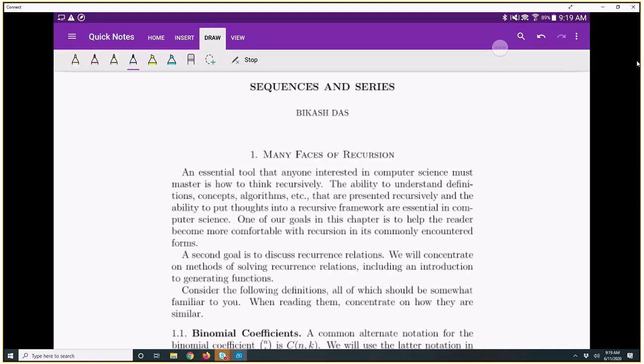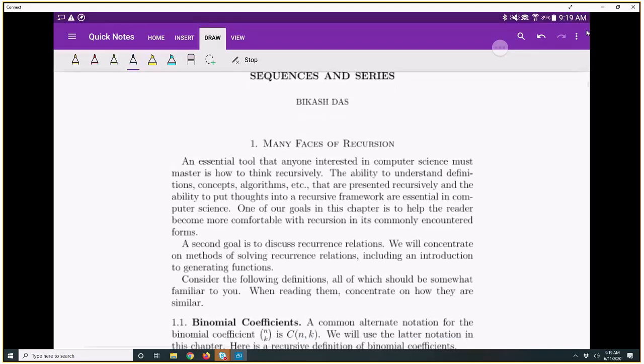In this video, we'll begin talking about the main topic of this module, which is recursion and recursive sequences. Recursion is an essential tool that anyone interested in computer science should master.